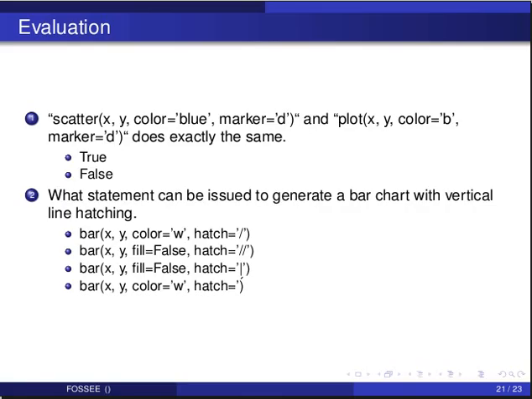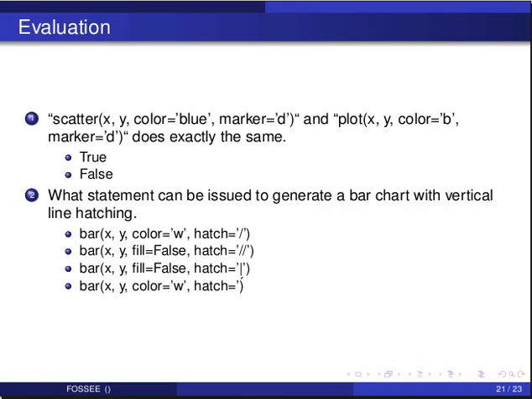And the second question is, what statement can be issued to generate a bar chart with vertical line hatching? One, bar within brackets x, y, color is equal to in single quotes w, hatch is equal to slash.